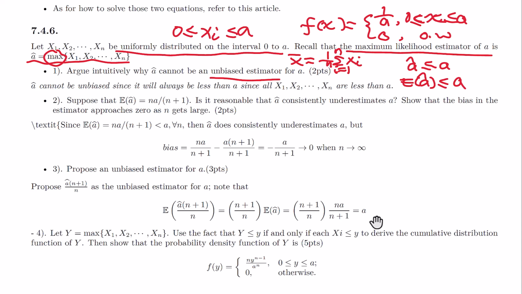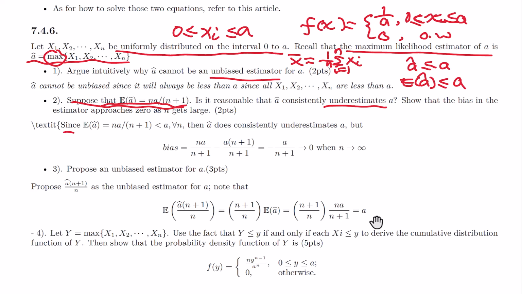All right. Anyway, for part 2, we have to show this one. We're going to show it later, but now we just use it directly. So we say we know the expected value of a hat equals na divided by n plus 1. Obviously, this is not a. Is it reasonable that a hat consistently underestimates a? Yes. Take a look.